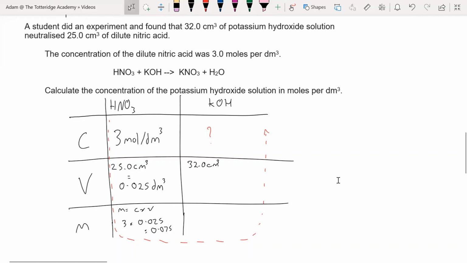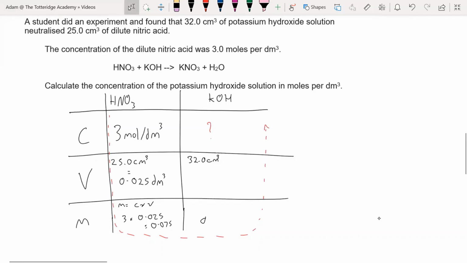Okay, how many moles of KOH do I have? Look carefully at the question. I'm hoping you wrote 0.075. Why? Because it is a 1-to-1 ratio.